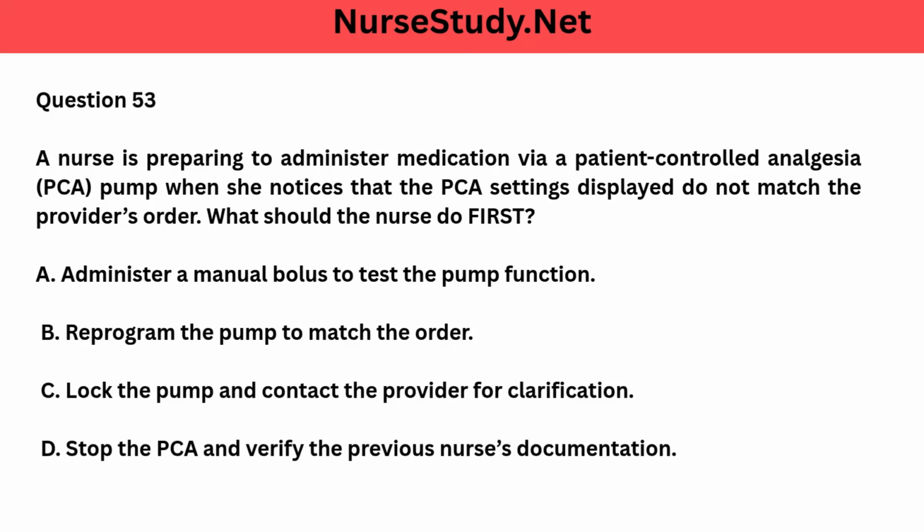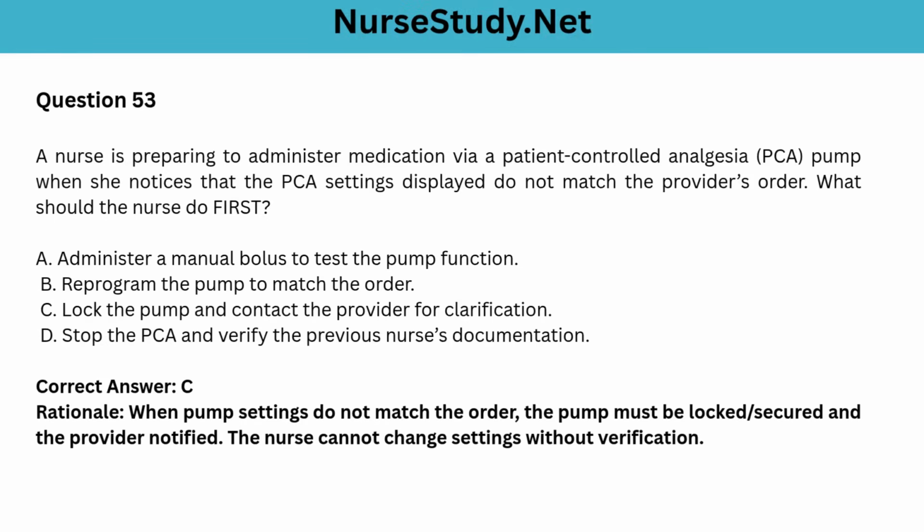C. Lock the pump and contact the provider for clarification. D. Stop the PCA and verify the previous nurse's documentation. Correct answer, C. Rationale. When pump settings do not match the order, the pump must be locked and secured and the provider notified. The nurse cannot change settings without verification.